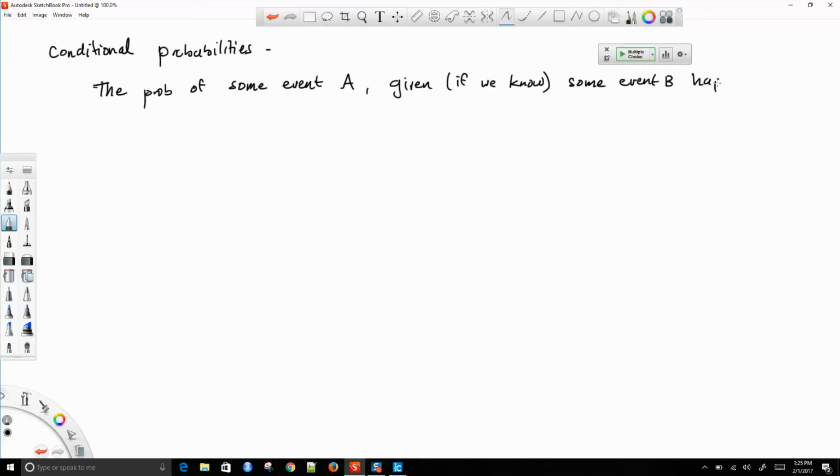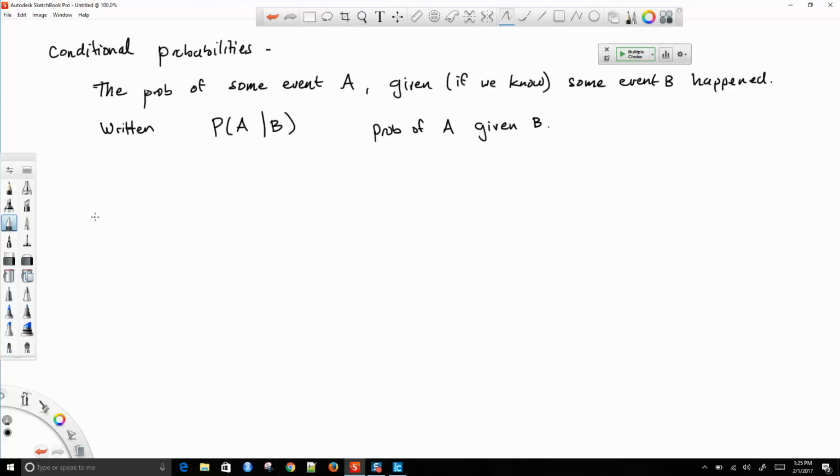I'll just say it happened. Okay, and this is written probability of A given B. Okay, this is the probability of some event A if we know some event B has happened.